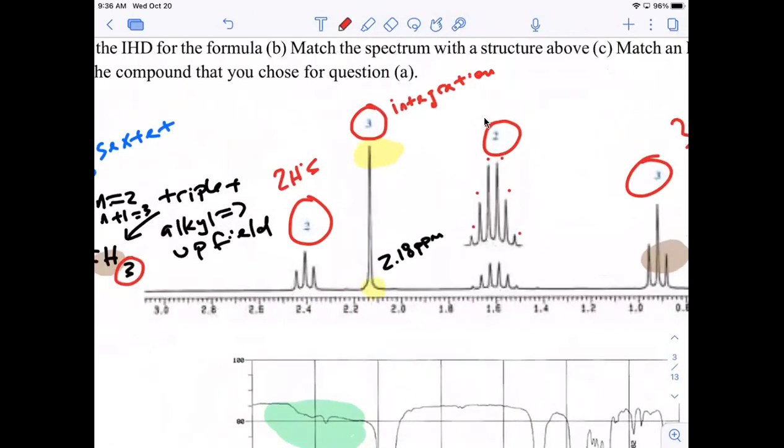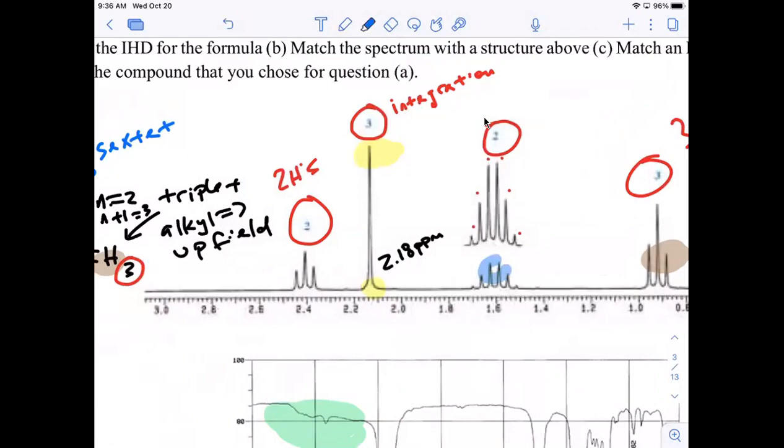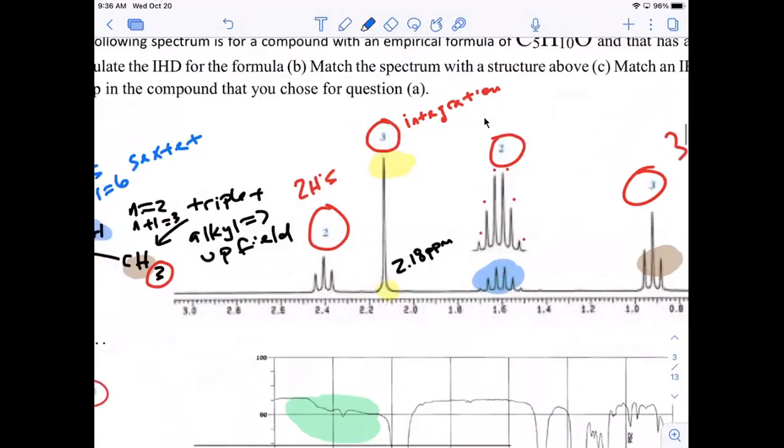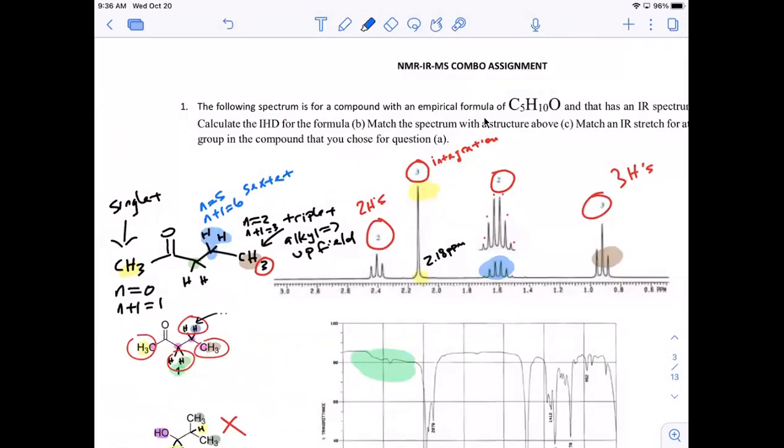That's just a zoom in of that signal so you can count the number of lines. So this signal right here is representative of that blue set of protons. It's a sextet. It's got the right chemical shift and the right integration.